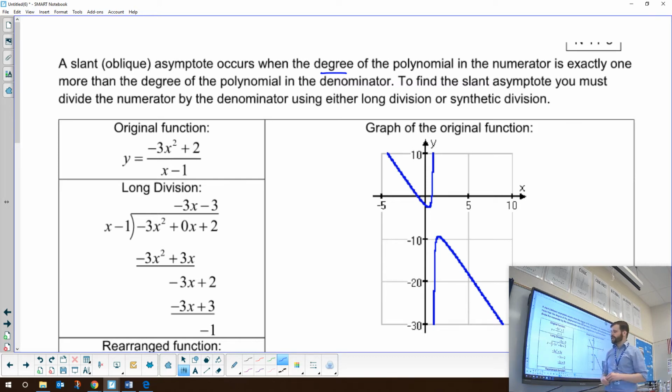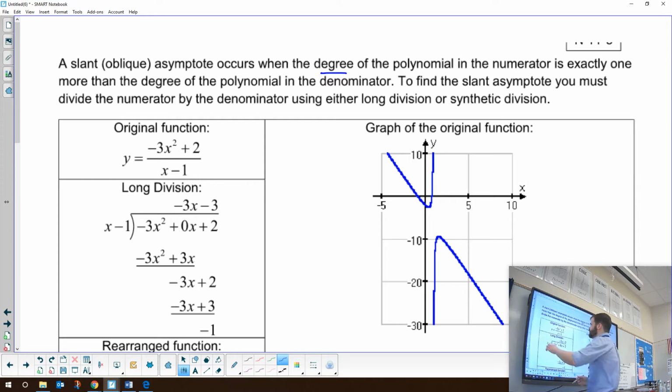I know it's been a while since we've seen this, but I promise it's not nearly as hard as it seems. So all you do is, if there's no horizontal asymptote, we divide the top by the bottom. Whatever our answer is, that's going to tell us what our slant asymptote is going to be. And we ignore our remainder.